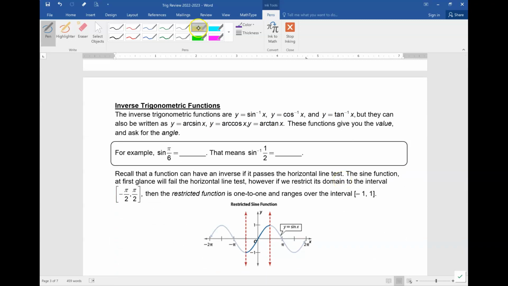Basically the inverse trig functions are inverse sine x, inverse cosine x, inverse tangent x. And by the way, they can also be written as arc sine, arc cosine, arc tangent. They're synonyms, there's no difference between them. These functions now go in reverse order.